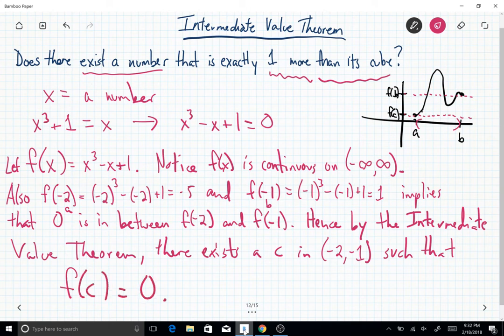So, but if f of c equals 0, hence, or therefore, or whatever you want to write, so this implies, well, notice what was f of x? It's x cubed minus x plus 1.